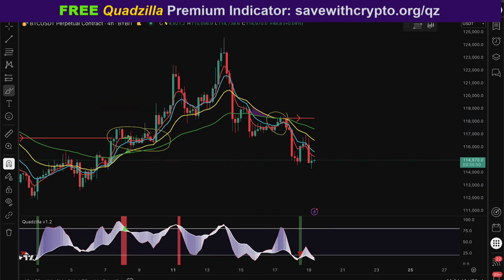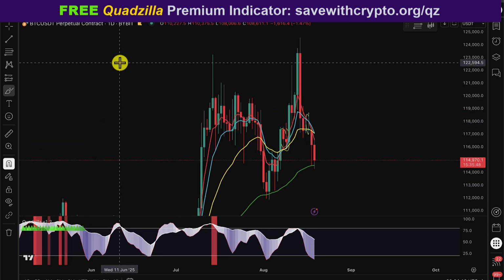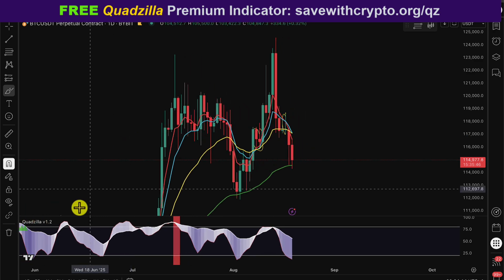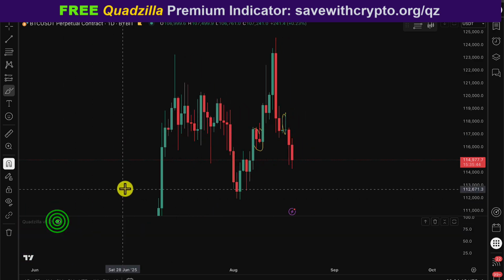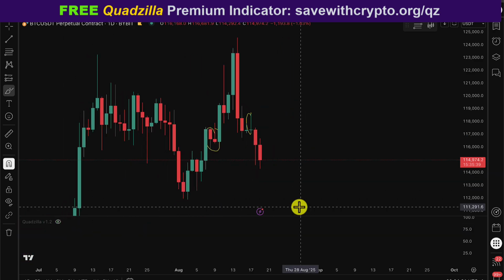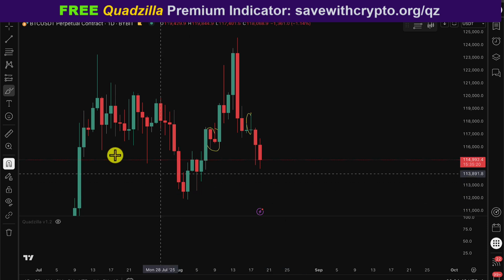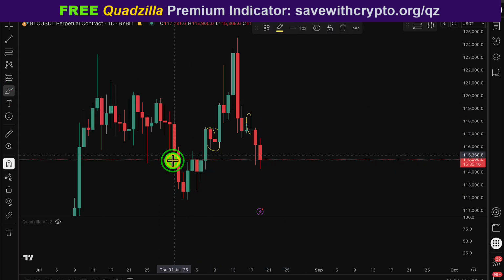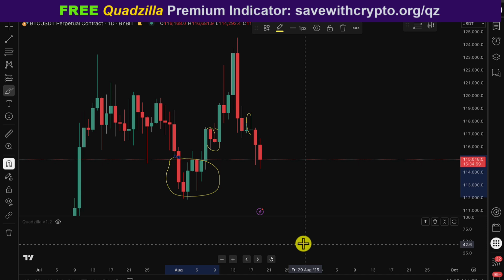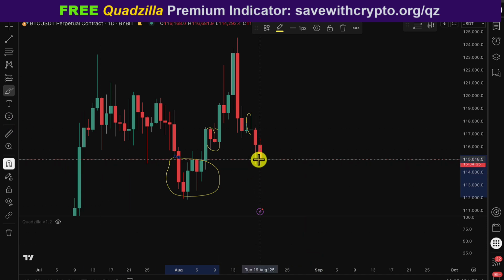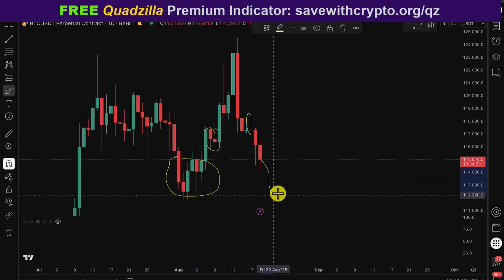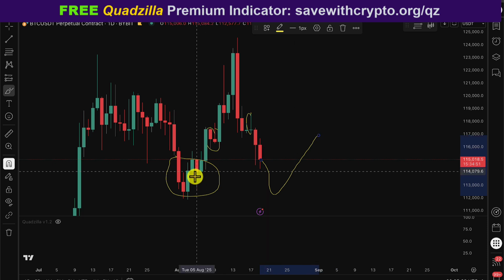But probably the best way to work this out is by going to the daily time frame. And let's just turn Quadzilla off for the moment, and let's look for some levels. You can see here that you've got this kind of area here that probably needs dealing with. So it wouldn't surprise me if we had another dip down before going back up.